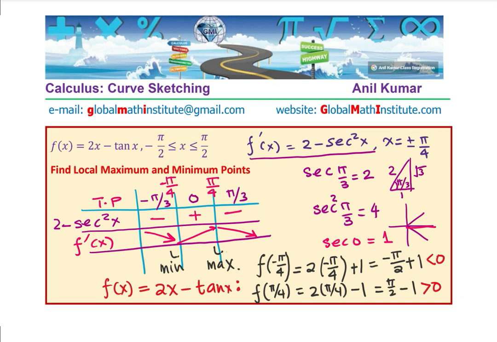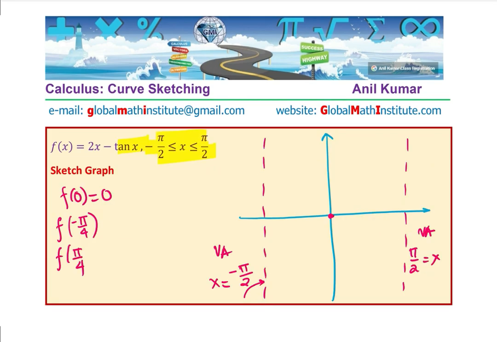At minus pi by 4, we have a minimum value of 1 minus pi by 2, which we can write as minus pi by 2 plus 1. And the value at plus pi by 4 is pi by 2 minus 1, right? We also found that this has odd symmetry. So it's good to summarize. That is one piece of information.